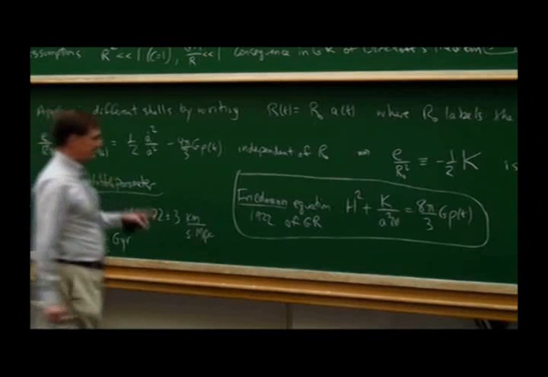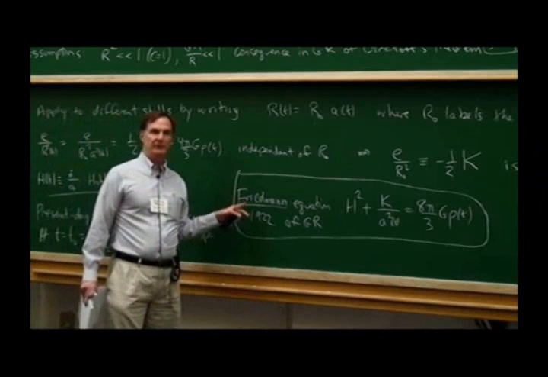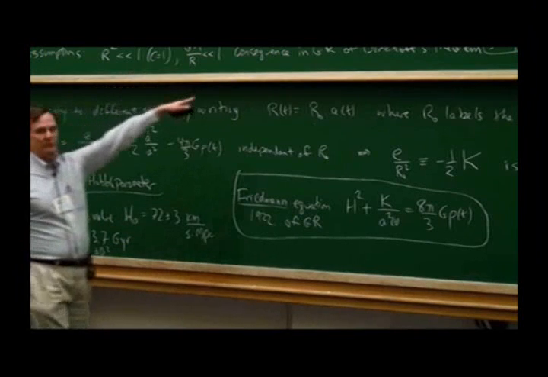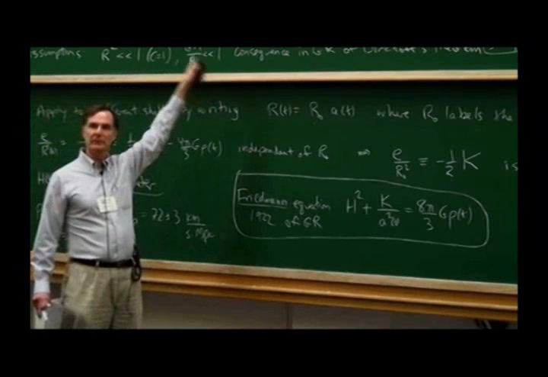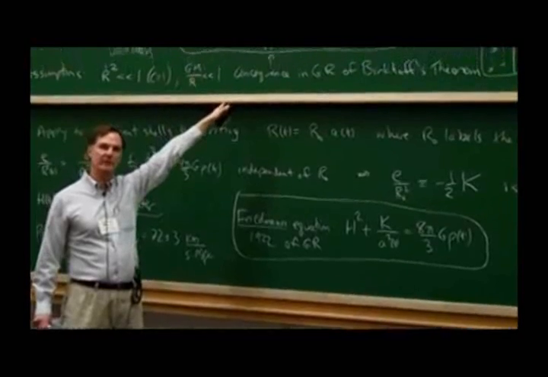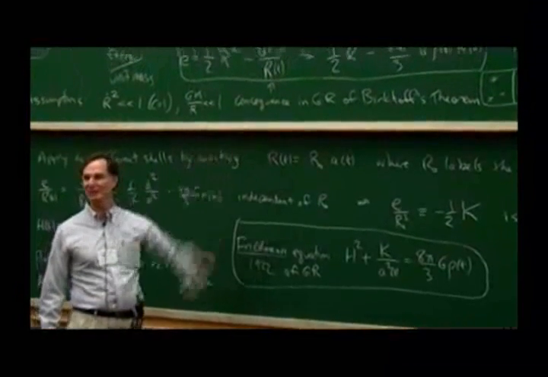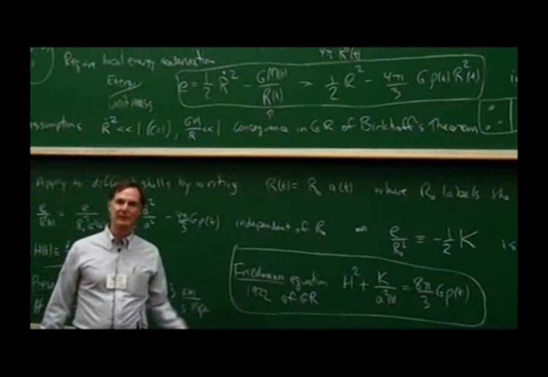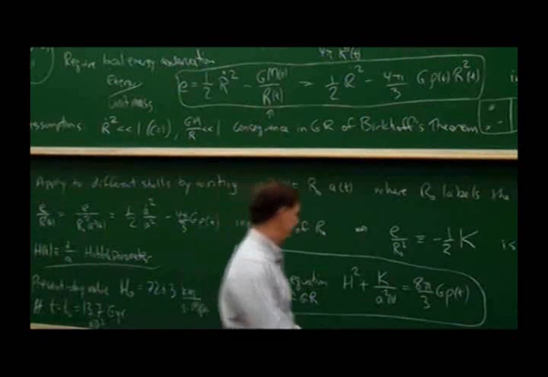Let me add that although this derivation assumed that I had something like ordinary matter, the Kepler potential there, you would not expect that to apply, for example, to vacuum energy. But this equation does. It works with the cosmological constant.